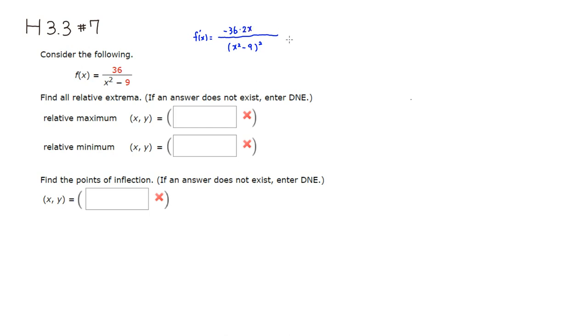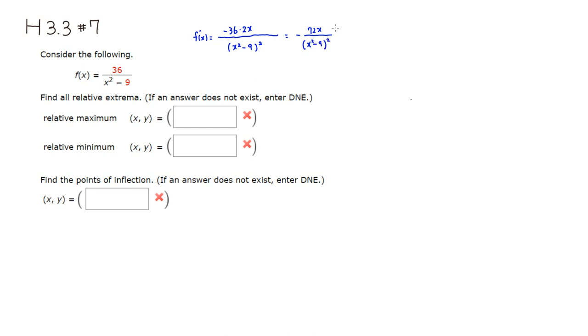So this is going to be negative 72x over x squared minus 9 squared.